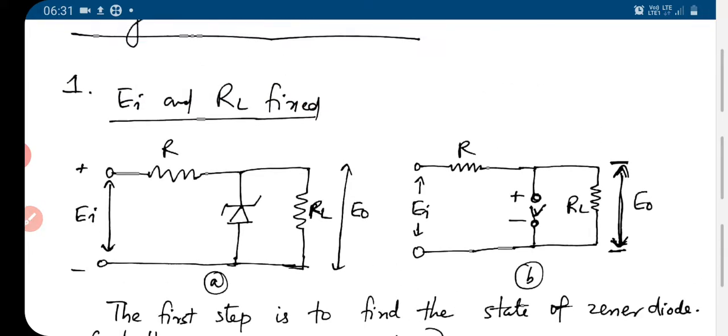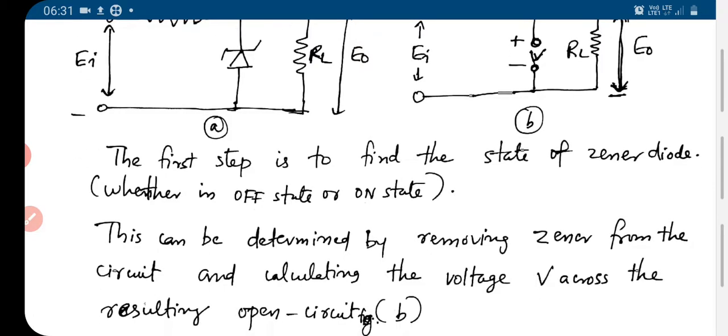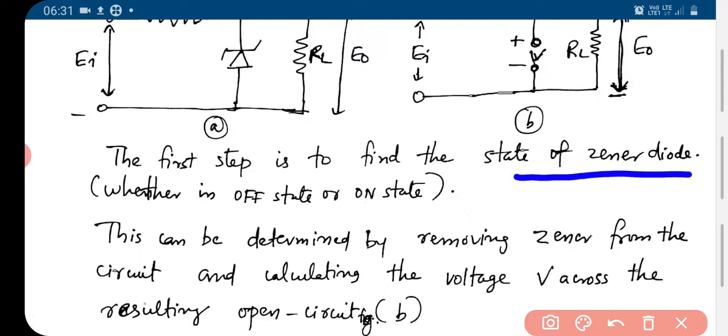So while we try to solve the problems, the first step is to find the state of the Zener diode. The Zener diode can be in the off state or the on state.